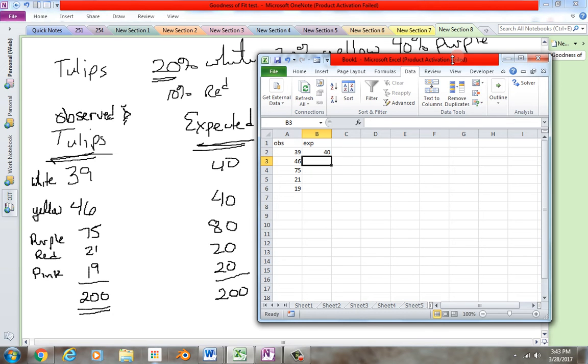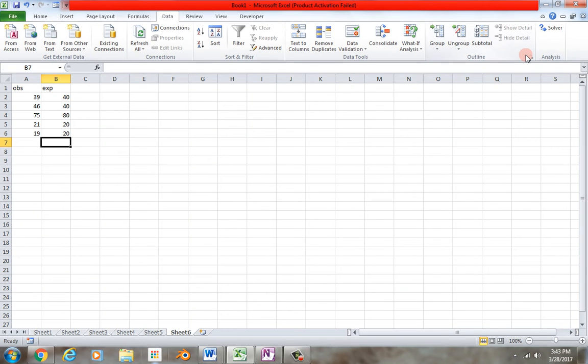All right. Boom. Boom. Done. So let's do it. The formula says, let's find the observed minus the expected, squared, divided by the expected.